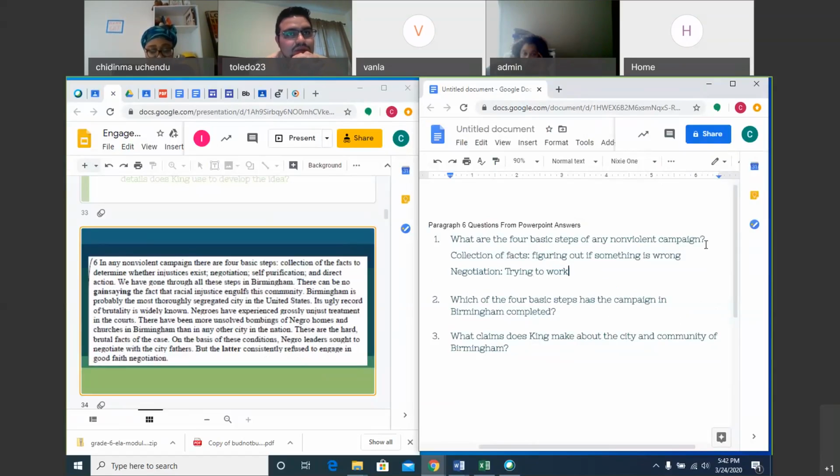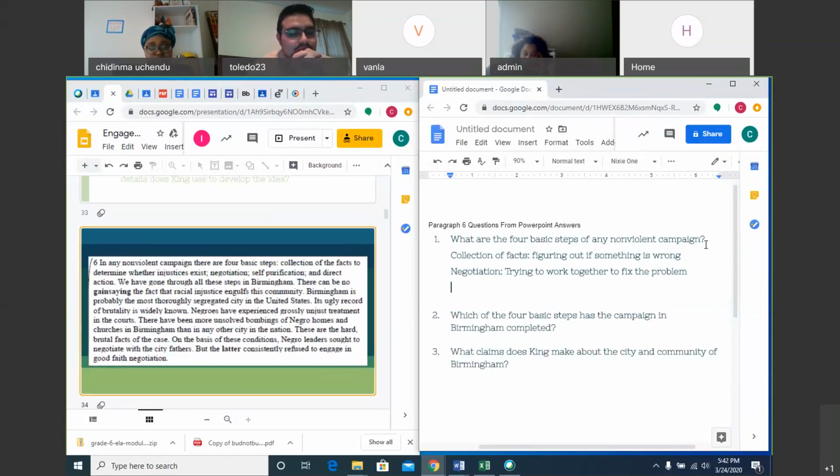Try to see if together we can get a solution for what is happening wrong. And the number 3 is self-purification. That means when you get to see your part, to see what you are doing wrong, and what you need to fix. And direct action is when you go directly to the problem.